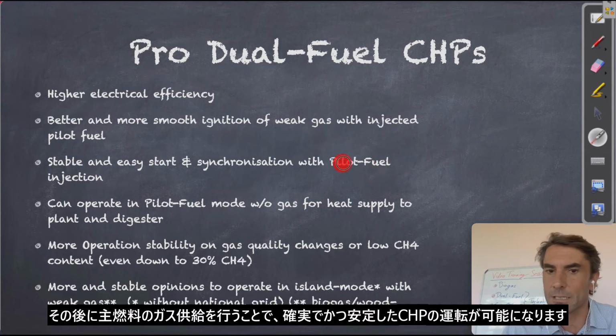In this case it's pilot fuel, in your case usually diesel, and this gives a much easier option to start and synchronize to the grid for this kind of technology.